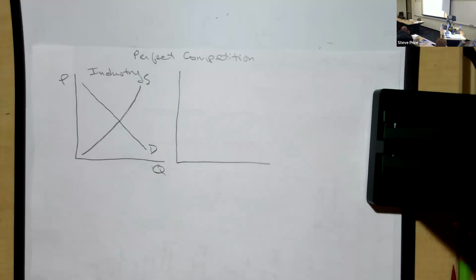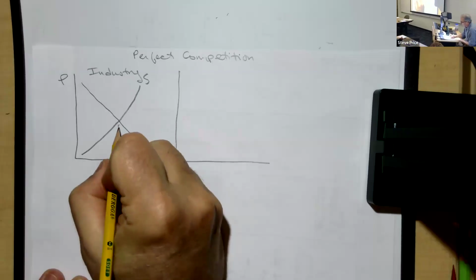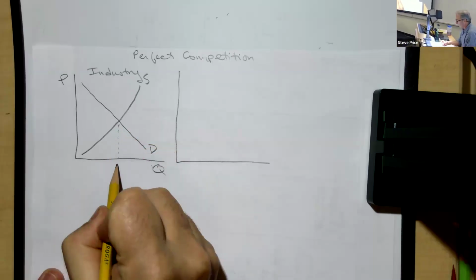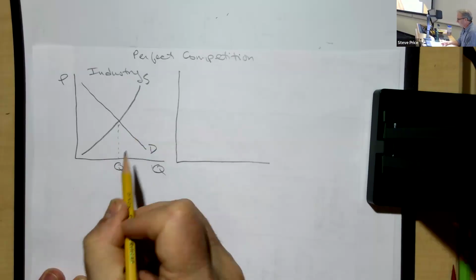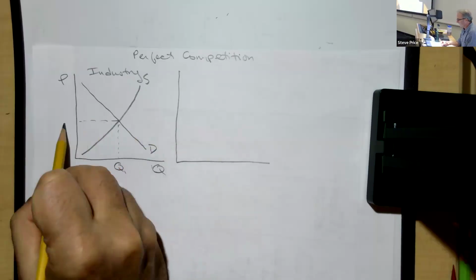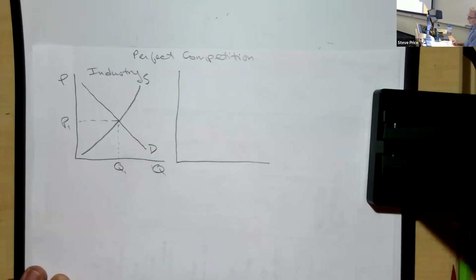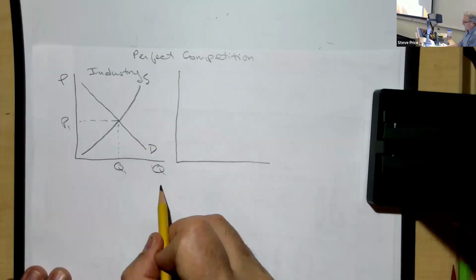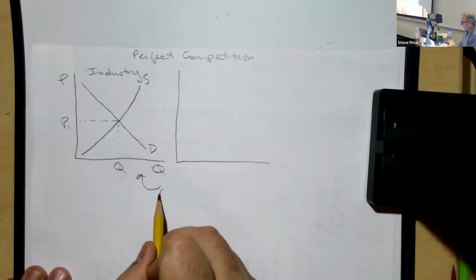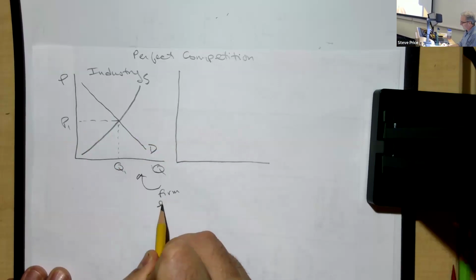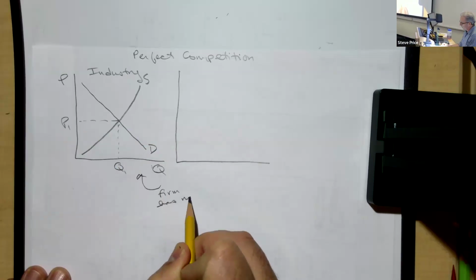You have no control because you're just one player as a supplier, as a driller, miner, farmer or rancher. So here, this market sets the price. Let's just write again, firm has no control.